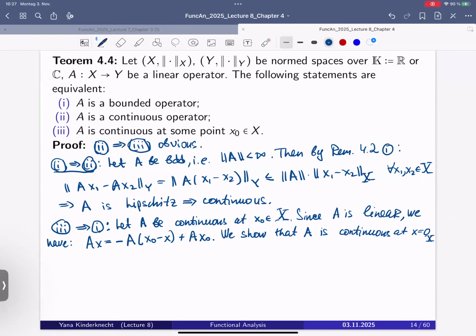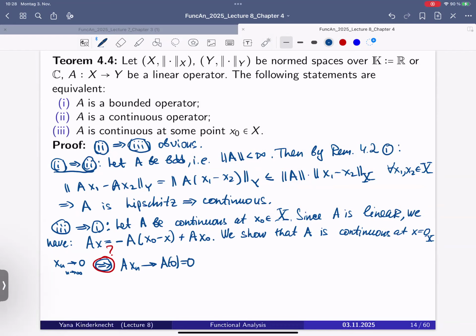So what we want to show. We consider a sequence Xn which converges to 0 when n tends to infinity, and we want to show that A of Xn converges to A of 0, but this is 0 because we have a linear mapping.